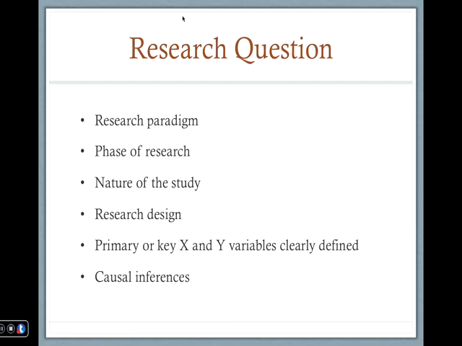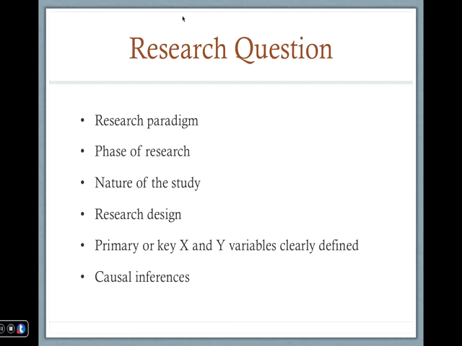You are going to identify what phase of research it is, and we'll talk about that as we go along, the nature of the study and the research design. It is key that you have the X and Y variables clearly defined, and we're going to be talking more about causal inferences.